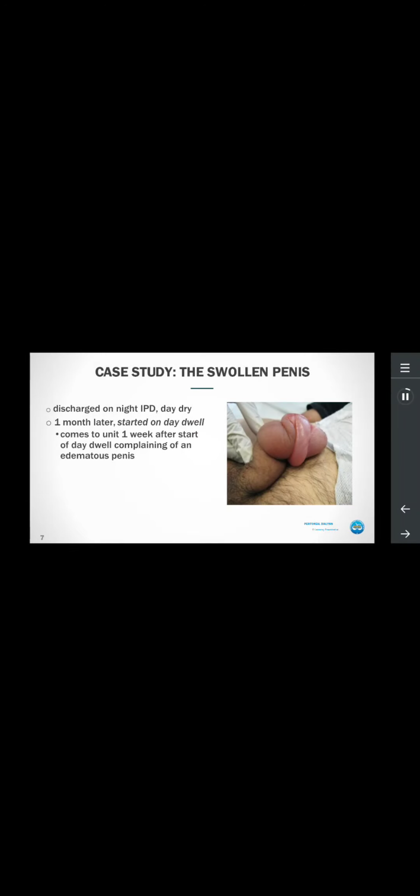He was discharged on night cycler dialysis, dry during the day, and did fine. One month later, a day dwell was added to his dialysis regimen, and soon after the day dwell was added, he came to the dialysis unit complaining of an edematous penis, and you can see the photograph of that here.